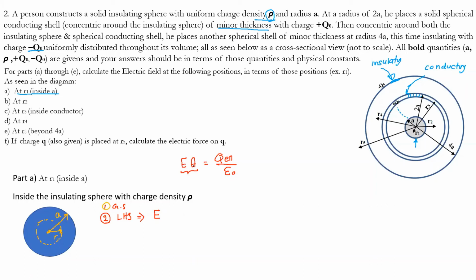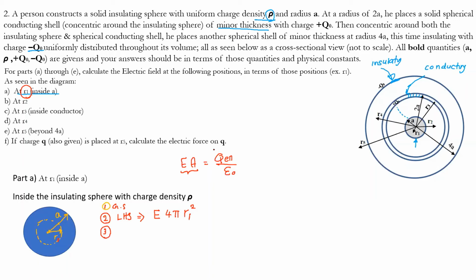A is the area of your Gaussian surface, right? So it is 4 pi R1 squared, that is the radius. So we are done with the second part.